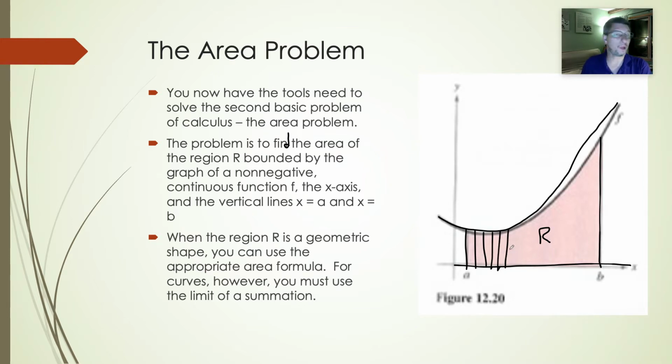Because we can calculate the area of a rectangle, we now just sum the areas of each of those rectangles from x equals a to x equals b. That's the whole point of this. When the region R is a geometric shape, we can use the appropriate area formula. For curves, however, you must use the limit of a summation, summing all of the areas of each of those little rectangles.